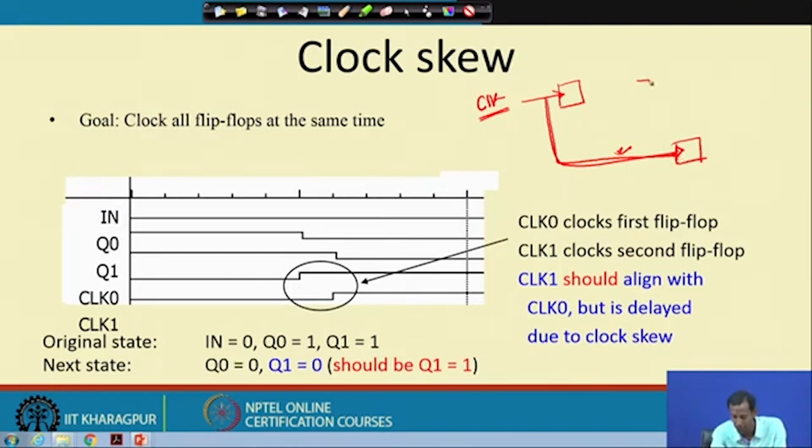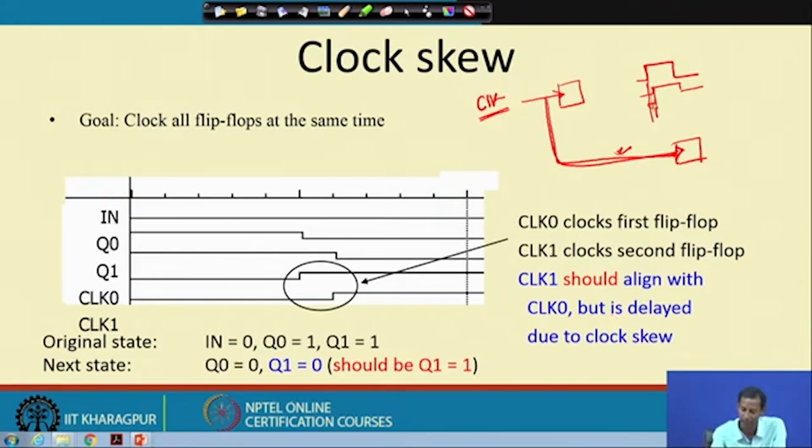If the edge occurs at this point, in that case it will occur after some time at this other point. This is basically the clock skew, and when it is beneficial and when it is against us, we have already seen, right.